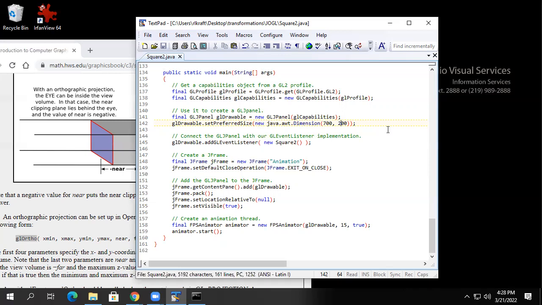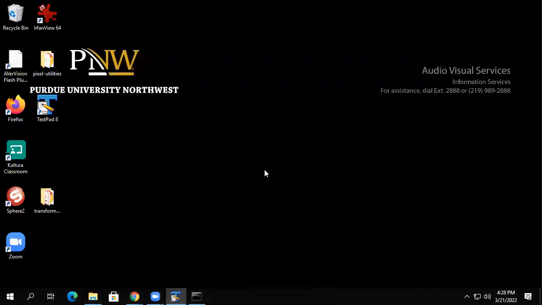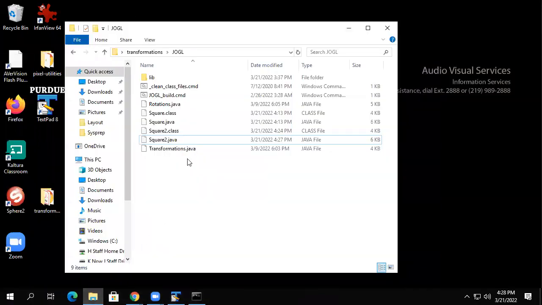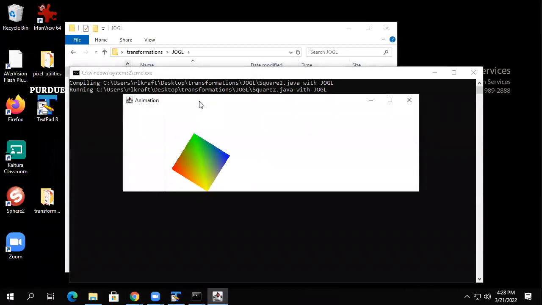This is just what OpenGL is using, and it's up to you to make sure that the shape of this and the shape of your window match. Now notice the square is a nice perfect square, and he's walking down that. Okay, so now we can do the next step.